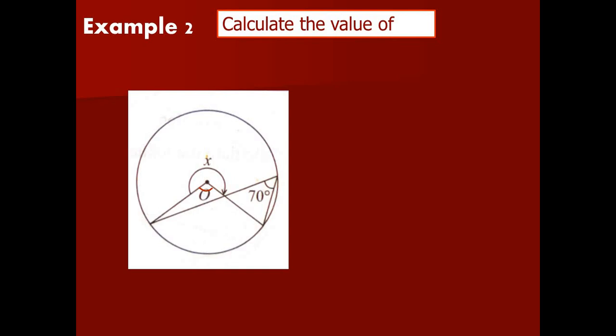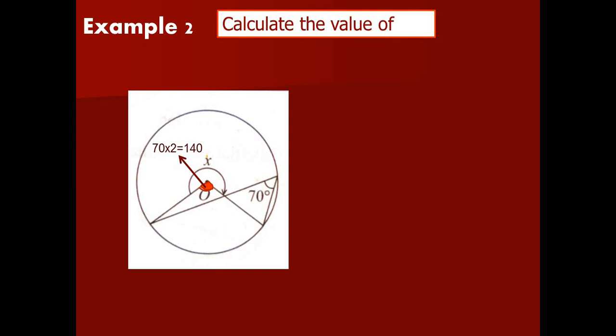What is the value of O? So O, or the angle at the center, is equal to 70 multiplied by 2, which is 140 degrees. So that is the angle that you're going to search first.